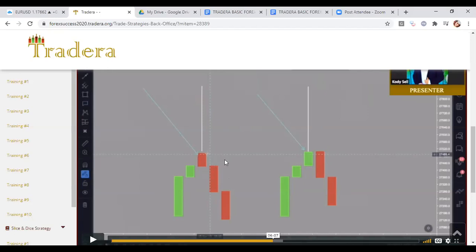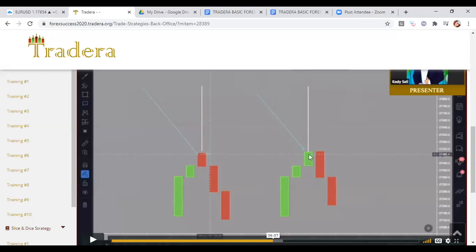Okay. And you can use these exhaustion candles for entries and exits into the market. Right? Because if price is going up and you see this print, you know it's exhausted. It's about to turn around. So if you're in the buy, you'll be looking to get out.